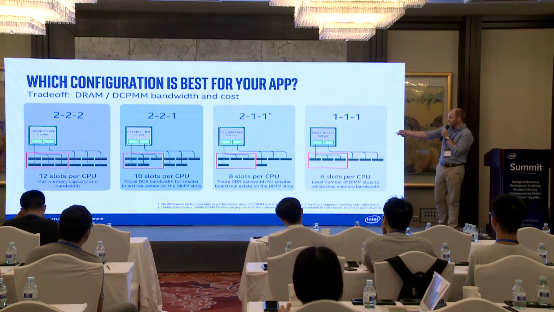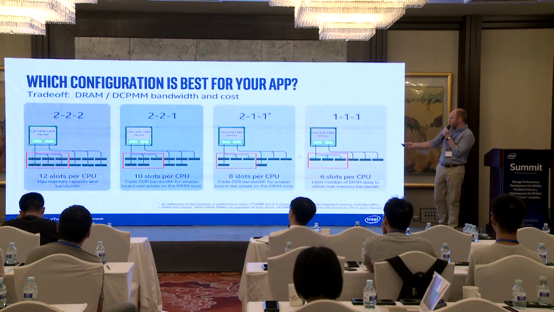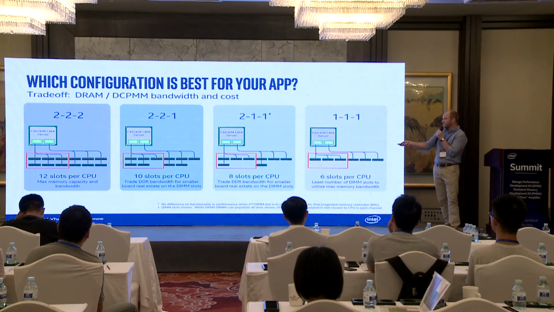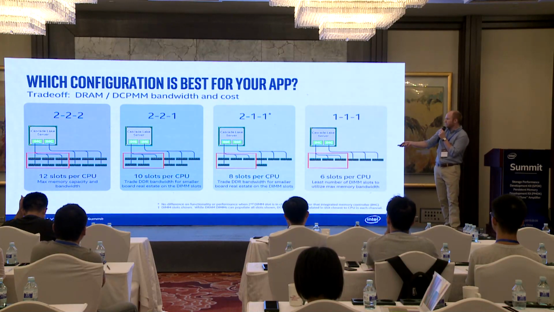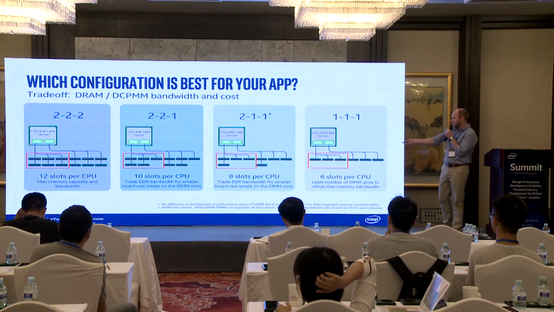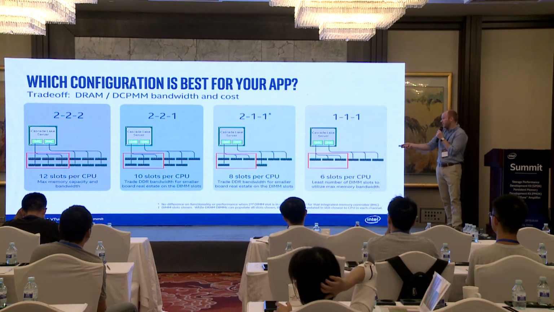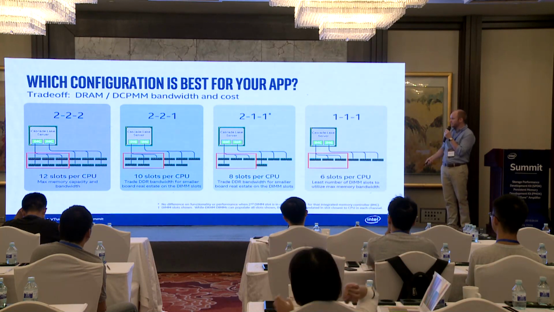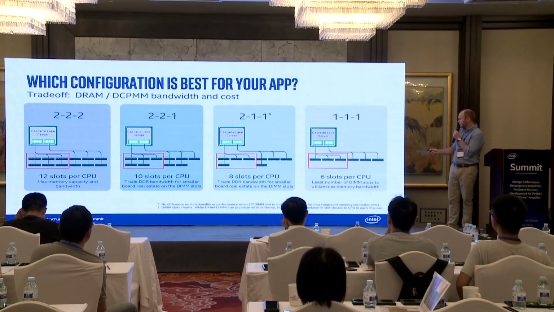So as you remove Optane DC persistent memory DIMMs, you're trading off DDR bandwidth, because remember, in this case, your Optane DC persistent memory is seen as DRAM in memory mode, for board real estate, right? You're not populating as many slots, which is cheaper, or maybe that's the platform you have available, but you're trading something off.